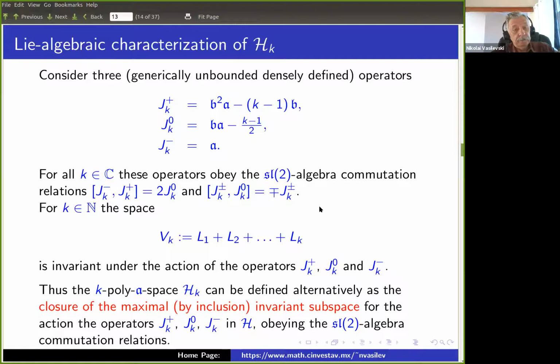So our k-Pauli space Hk can be defined alternatively as the closure of the maximal by inclusion invariant subspace for the action of the operators Jk plus, minus, and Jk naught obeying the SL2 algebra commutation relations. So a very interesting and quite unexpected relation between k-Pauli spaces and representation spaces for the SL2 algebra.